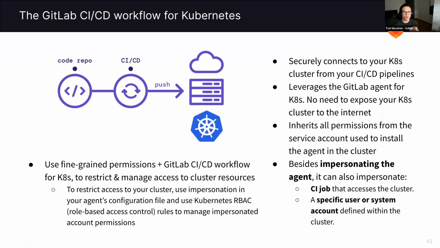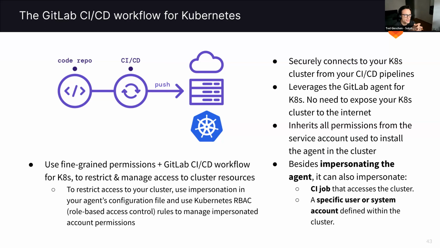Specifically in this webinar, what we're going to be looking at is the GitLab CI/CD workflow for Kubernetes. With that, we can securely connect to our Kubernetes cluster directly from our CI/CD pipeline. We can leverage the GitLab agent introduced in that first section to connect, thereby removing the need to expose your cluster to the internet.